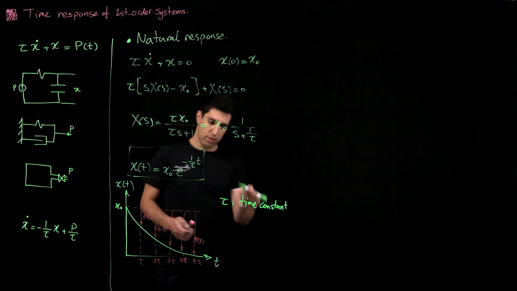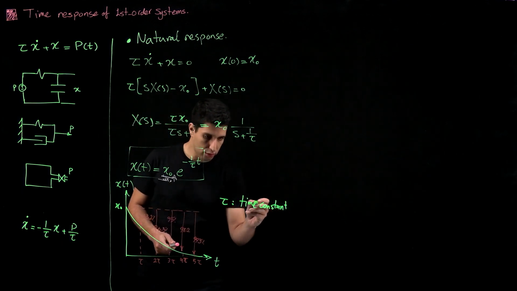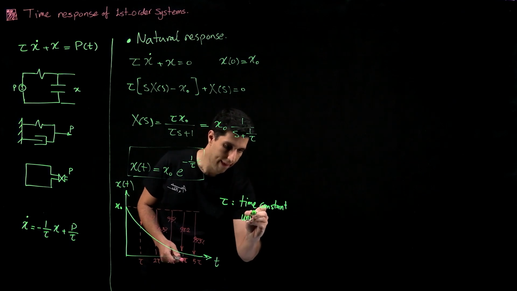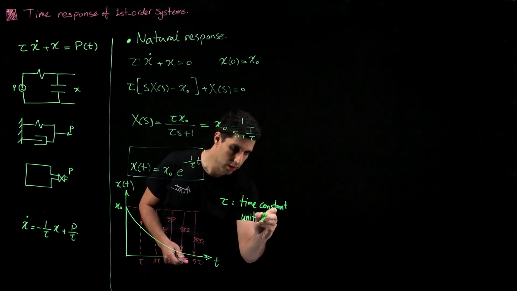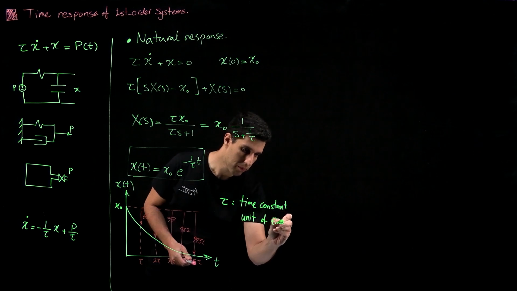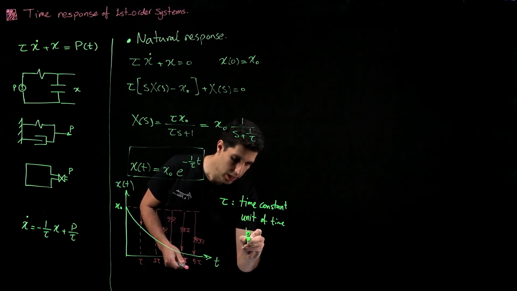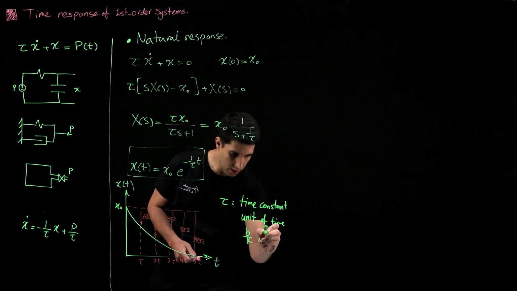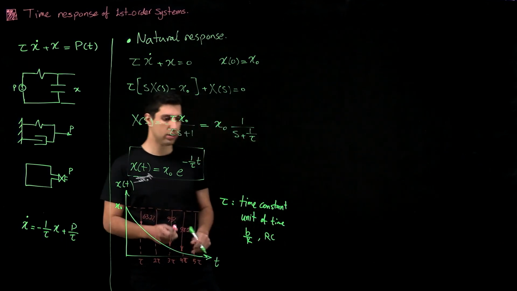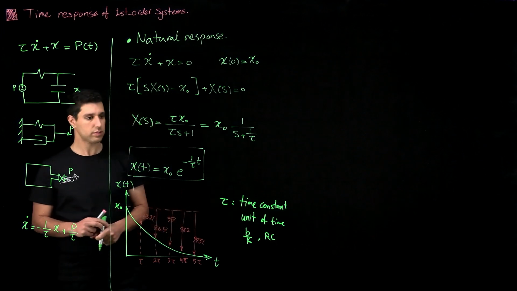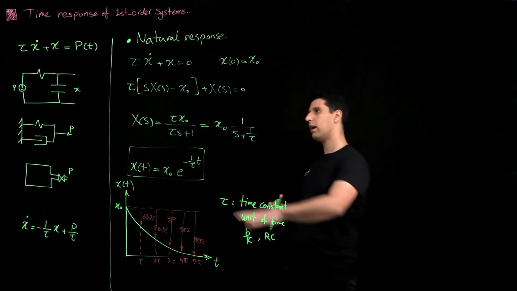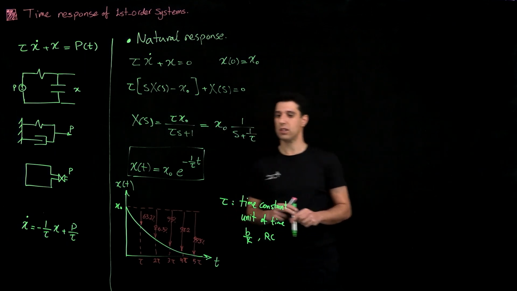And it is noteworthy to remember this has units of time. So we have b over k, which has units of seconds. RC has units of seconds. So all of these have the dimensions of time, and they define our characteristic time constant.